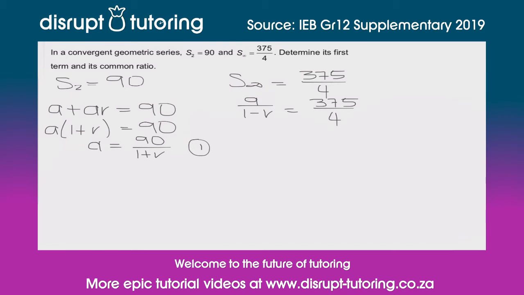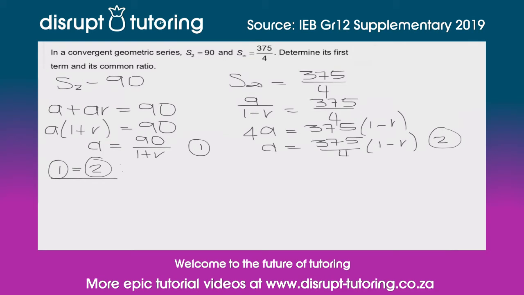Okay, right, so once that is done, I'm going to have 4A equals 375 times 1 minus R. And then I'm going to say A is equal to 375 over 4 times that 1 minus R. And that we can call equation 2. What's really nice about getting to this point is that we've got two equations where A is the subject of the formula. So now we can equate the two equations.